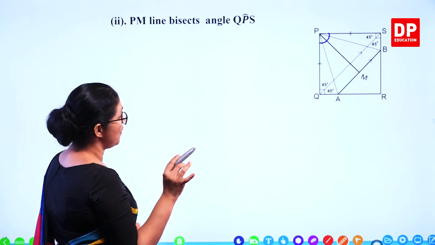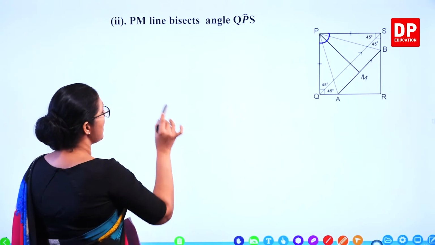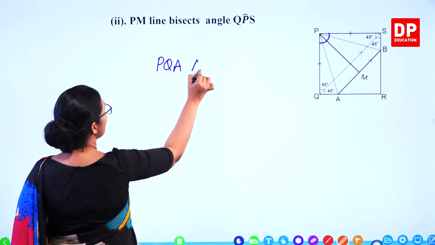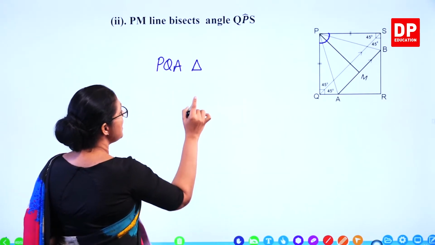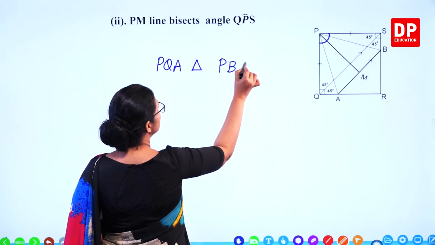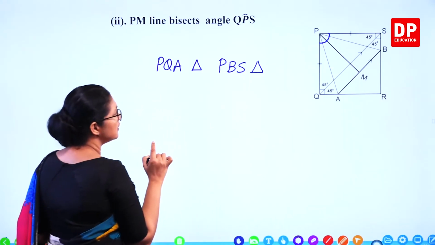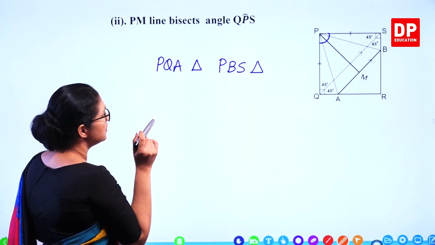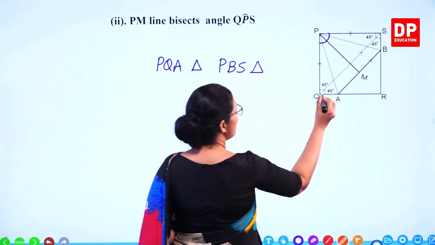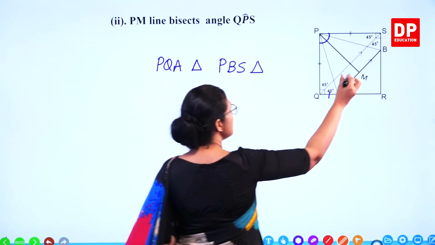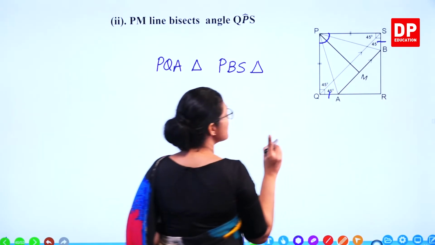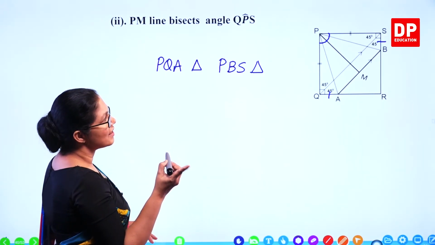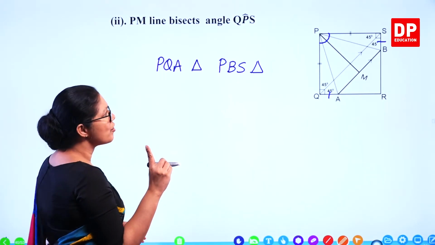So we'll take first the PQA triangle and the PBS triangle. What you know, that's a right angle triangle. And we found out this length is equal to this length from the previous part. So we can show that the two triangles are congruent.